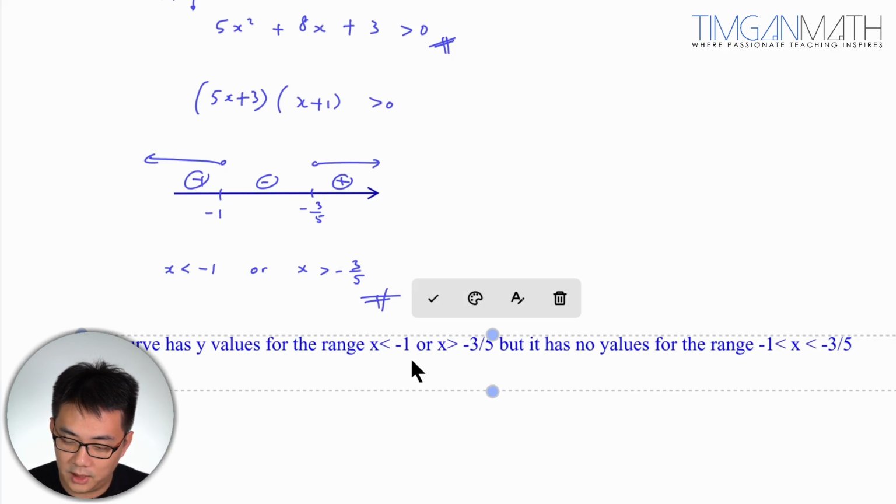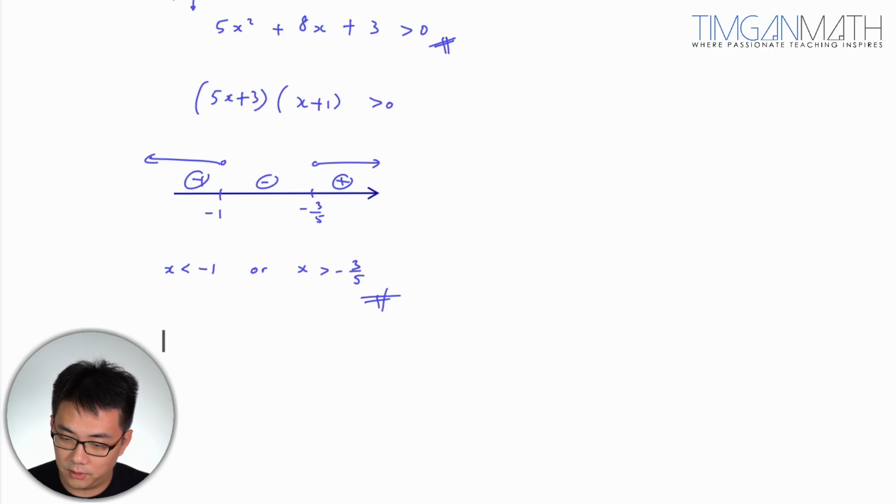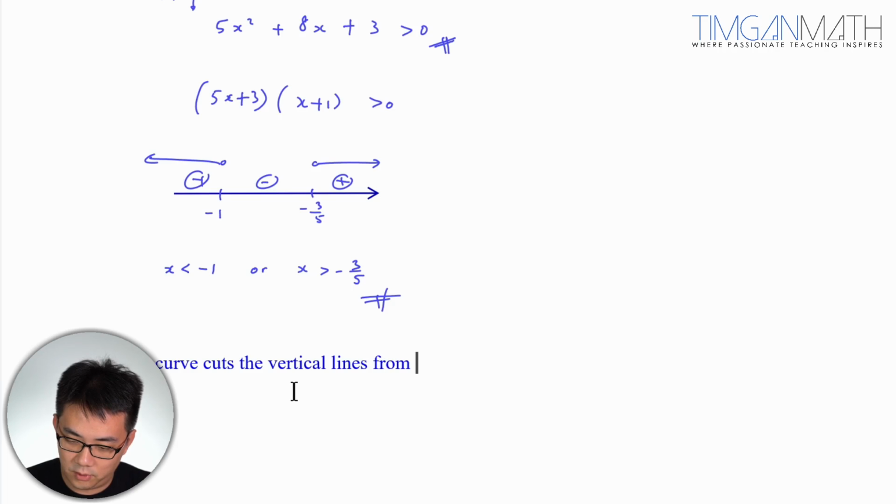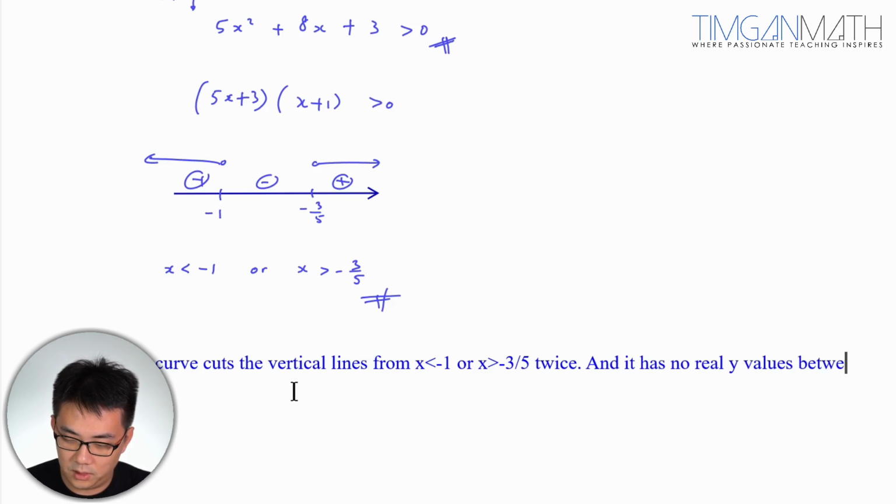So you could just write that the curve cuts the vertical line from x less than -1 or x more than -3/5 twice, and it has no real y values between x equals -1 and x equals -3/5.